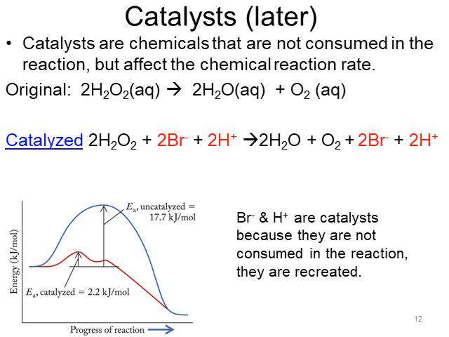But you can speed this reaction up dramatically by adding acid and by adding a halide ion, either bromide, iodide, or chloride. It turns out that these chemicals are catalysts because they are not used at all. When you finish the reaction, you get out bromide and acid. But it gives this reaction a new pathway, a new set of intermediates that can form that take a lot less energy.